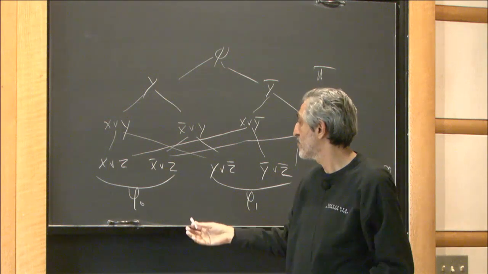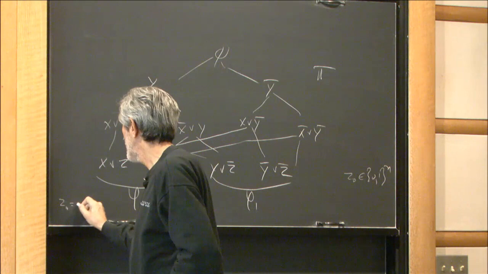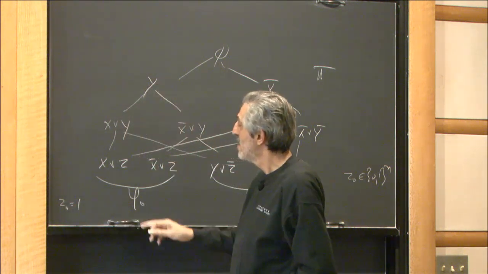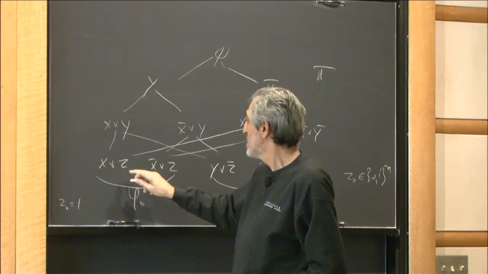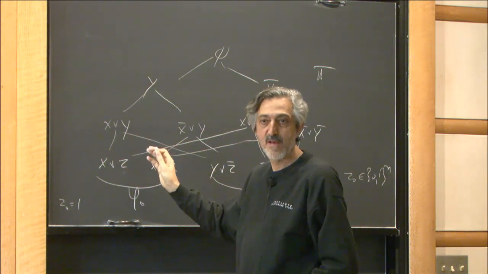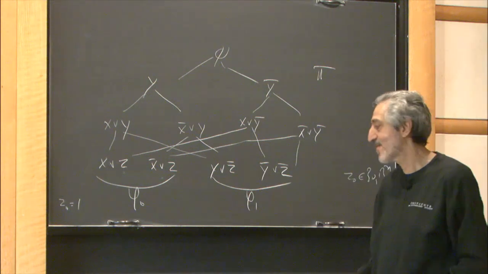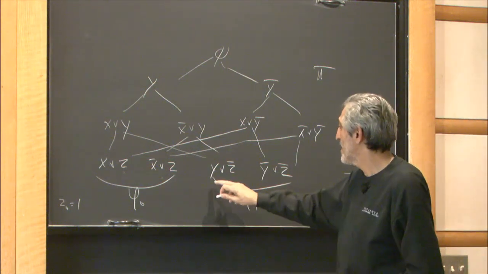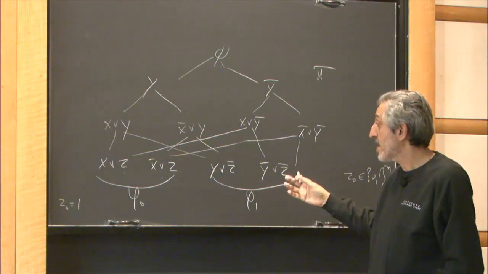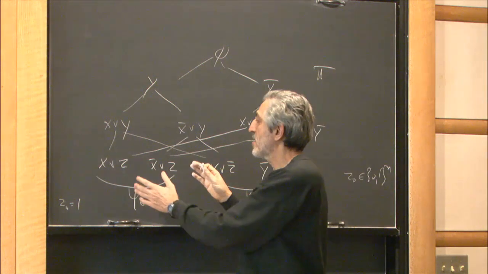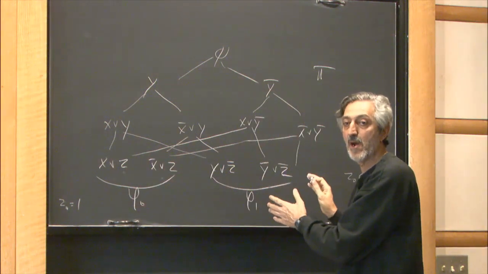So let's, for example, do it here. If z0, which is now one variable, is 1, what happens? This becomes 1. This becomes 1. These are useless. Axioms which are 1 are not helpful to deriving 0, a contradiction. And this becomes y, and this becomes y bar. Basically, the axioms partition into two sets, those containing only x's and those containing only y's.